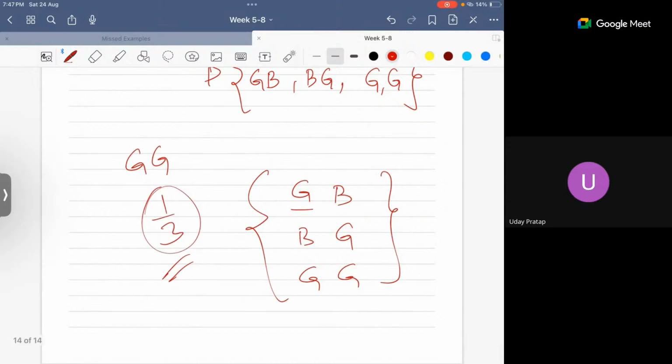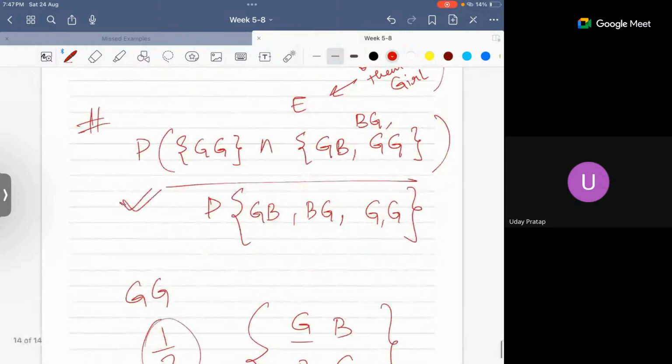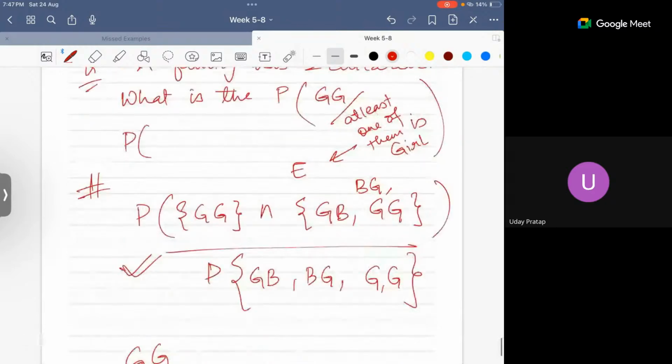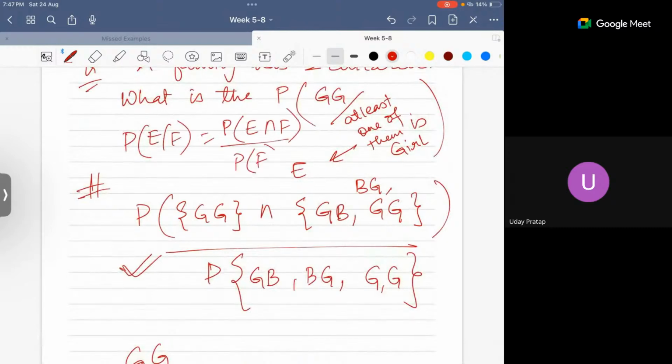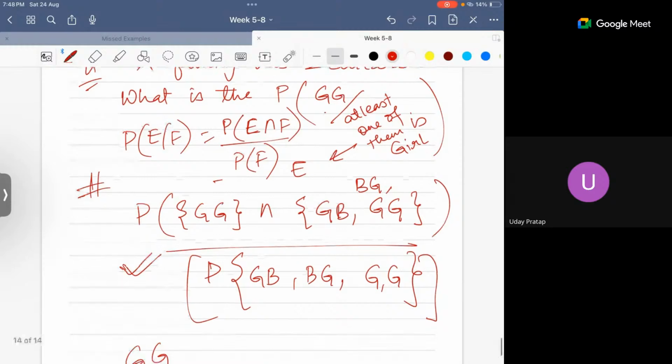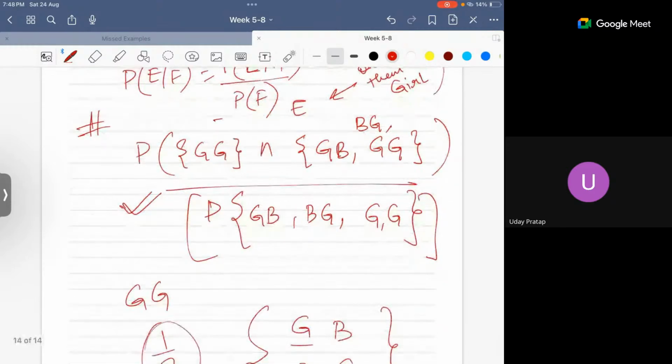And if you are thinking in this way, the probability of E given F: our F event is that at least one of them should be a girl, right? So this is our whole F. And then you have to take out the intersection. The E event is GG, and F is GB, BG, GG. So the intersection is GG, which is 1/4.